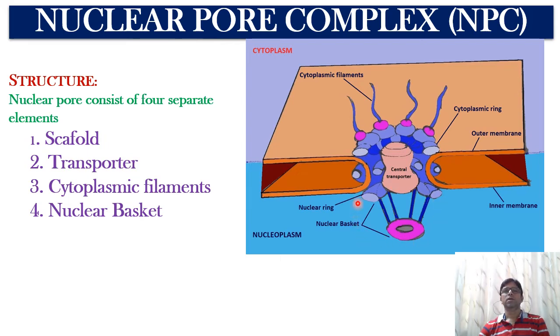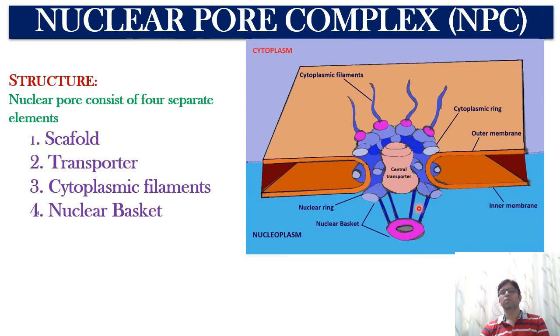The basket consists of 8 filaments, each measuring about 100 nanometers long. In the picture here you can see only 4 filaments, as it is the linear section of the pore complex, so we can see only 4 filaments.